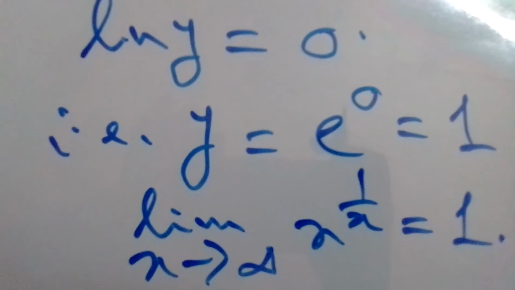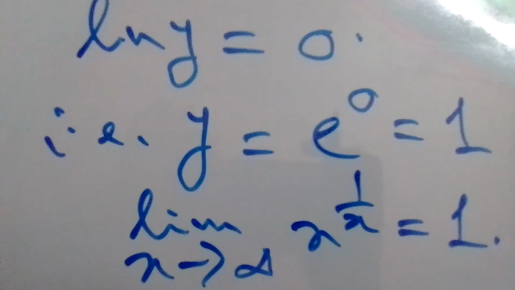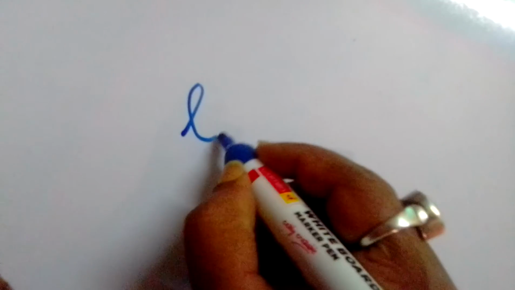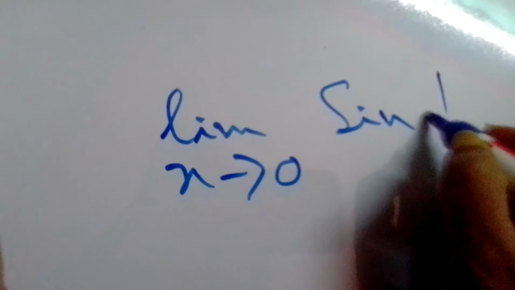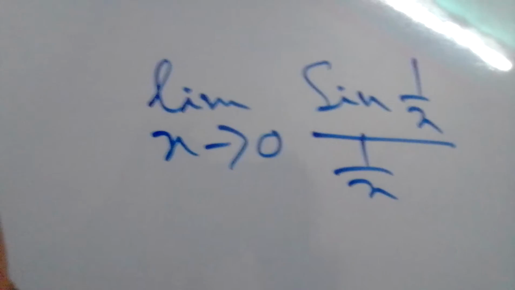Now let's watch another form, infinity by infinity. Suppose we take limit as x tending to 0 of sin(1 by x) by 1 by x. What will happen here?